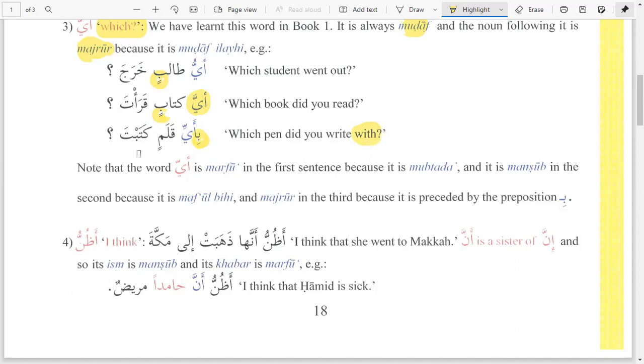Bi ayyi qalamin katabta, which pen did you write with? For your easy translation, with which pen did you write?